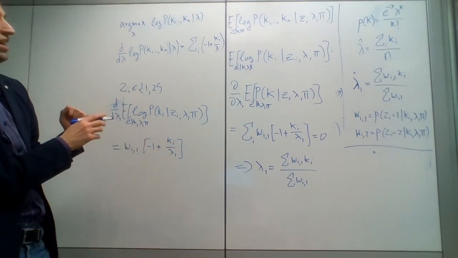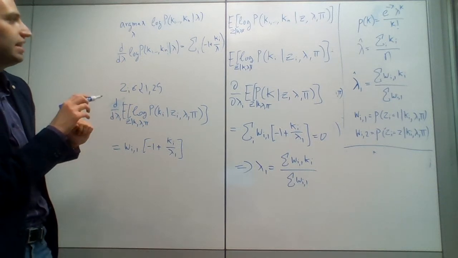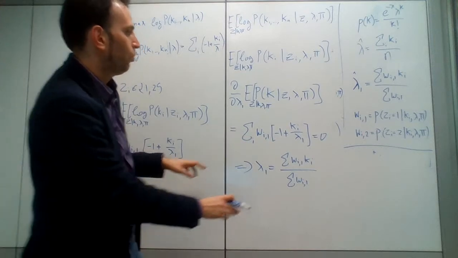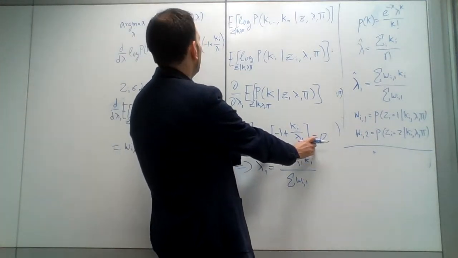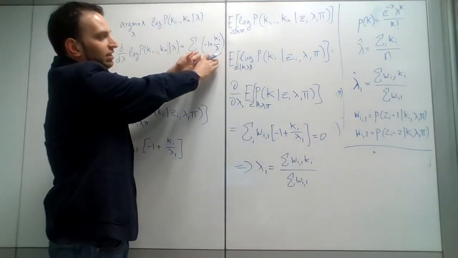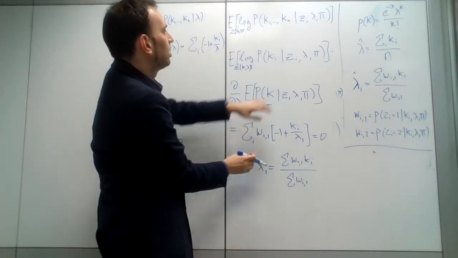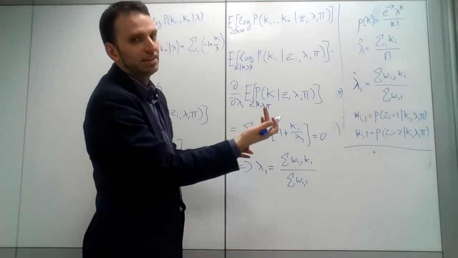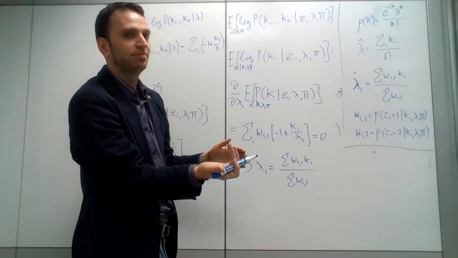So what's the key here? Well, the key here is that when we take the derivative, what we get is the weighted sum of the derivatives that we would have gotten here, where the weights are those probabilities of zi given ki and lambda and pi. Okay?